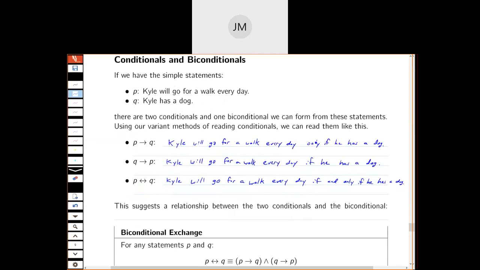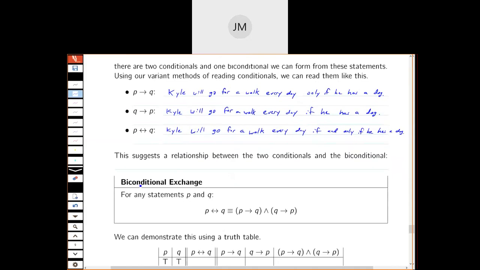If I start with "Kyle will go for a walk every day," "only if" is one direction of the conditional, and "if" is the other direction. So "if and only if" tells us that it's going to be this conditional and this conditional. So this suggests a relationship between two conditionals and the biconditional.